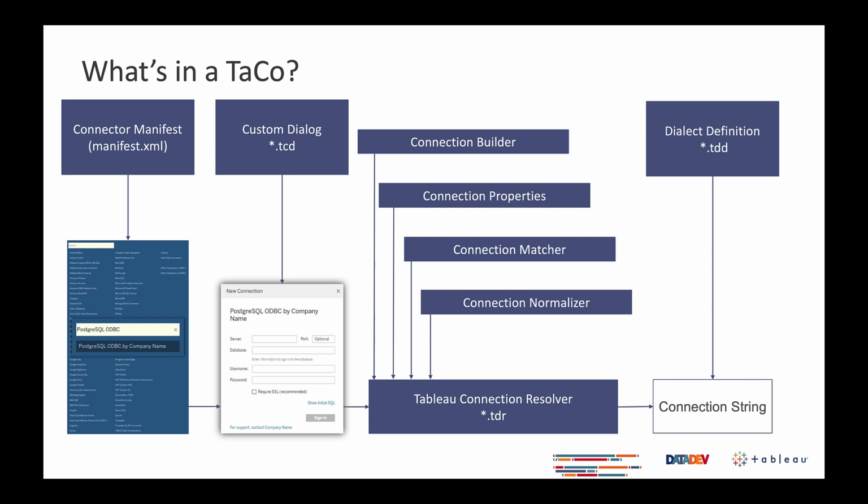The key thing to know is that it is based on 10 plus years of development work of building connectors within Tableau. So our connectivity is simply exposing this ability to customize and build on top of the native connectors that already exist, which is huge for partners who want to get their name on that big list of connectors in our product.